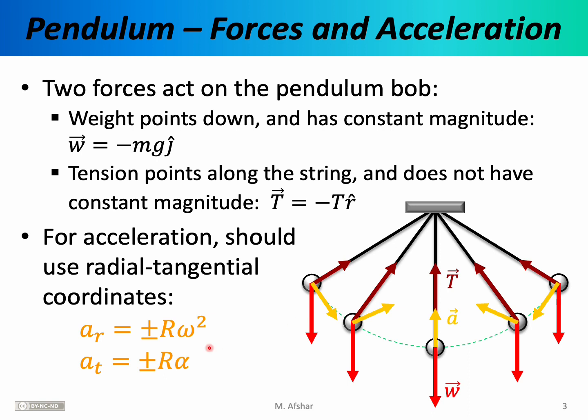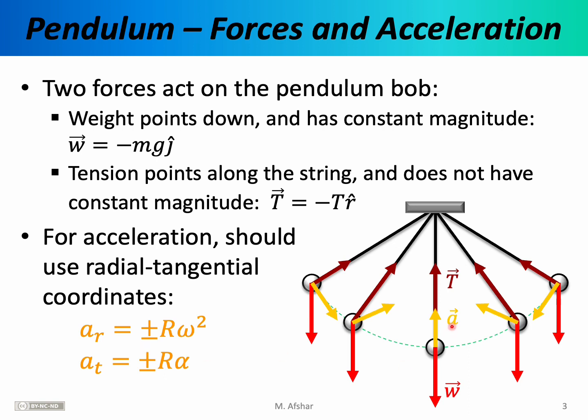From your mechanics course, you should remember that the radial component of acceleration for circular motion is plus or minus r omega squared, where omega is the angular velocity, and the tangential component of acceleration is plus or minus r alpha, where alpha is the angular acceleration. You might be wondering, why is it plus or minus? The plus or the minus depends a little bit on the conventions we use for what is the positive radial direction and the negative radial direction.